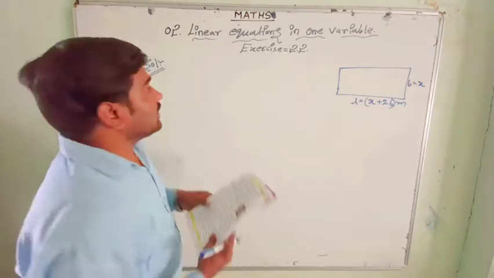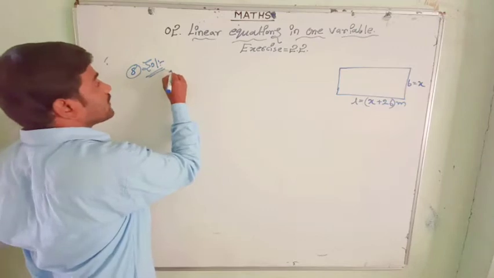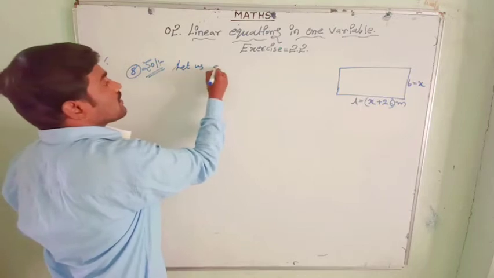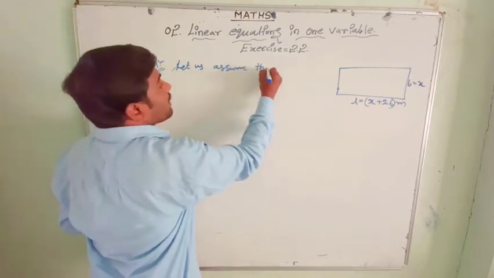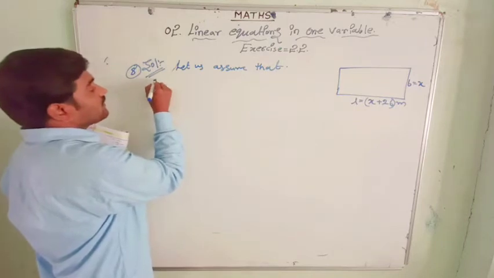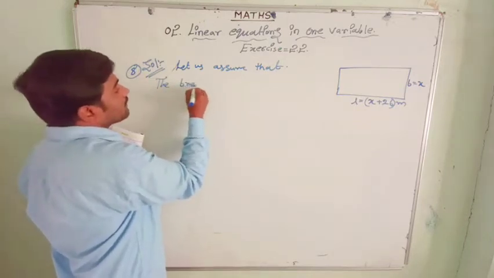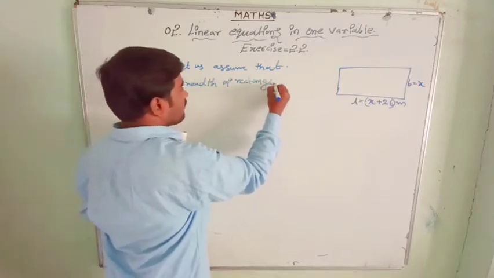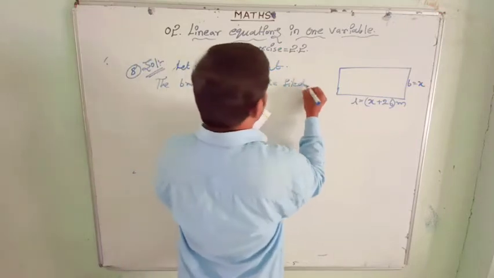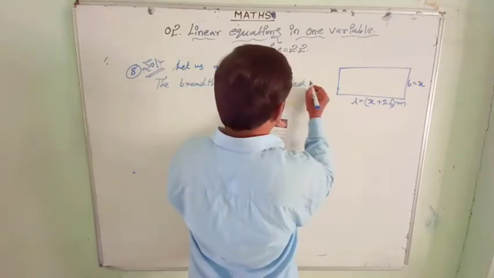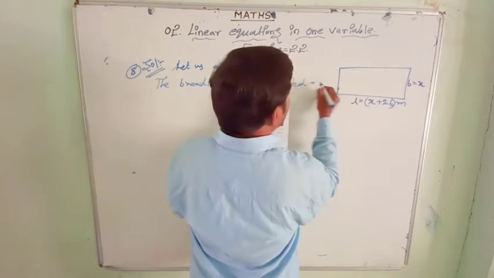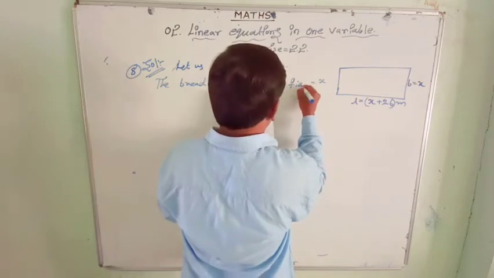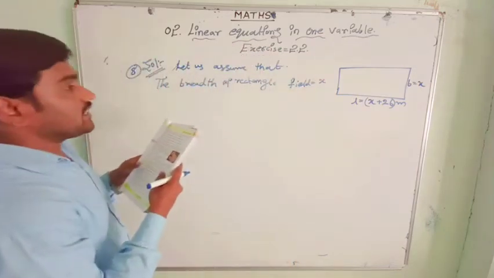Very simple. Let us assume that the breadth of the rectangular field is x.